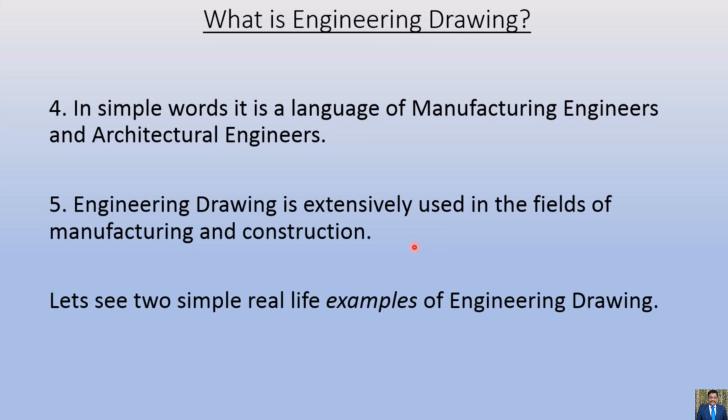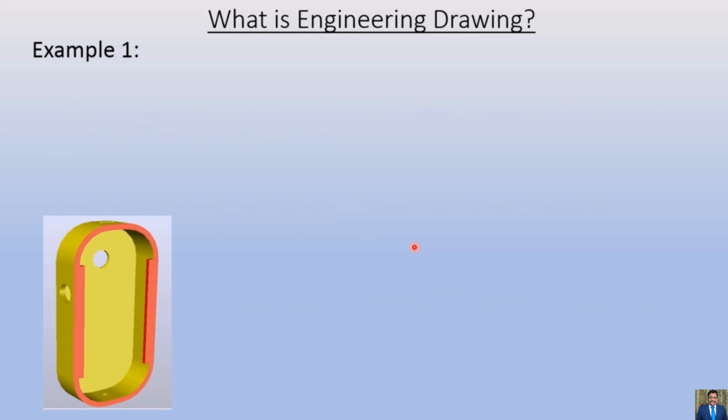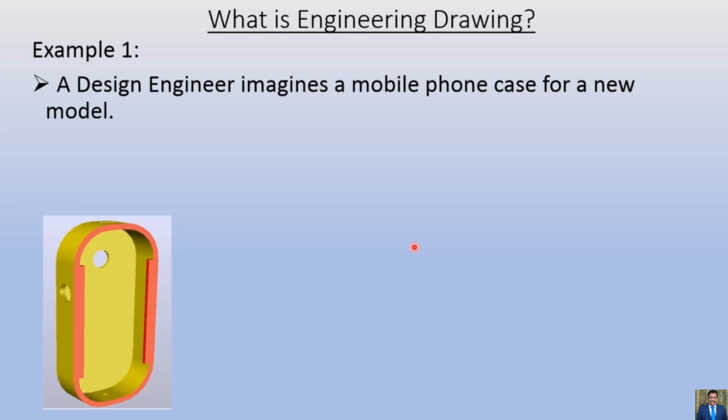So now we will see two real life examples where we will first start with the engineering drawings. So take example 1. See here that our design engineer has imagined a mobile phone case cover for a new model. Say this is the mobile phone cover.